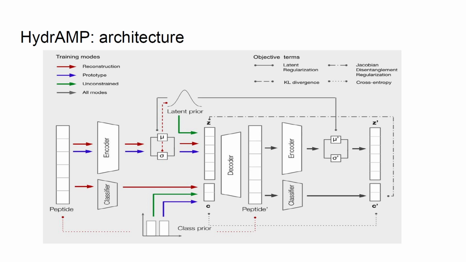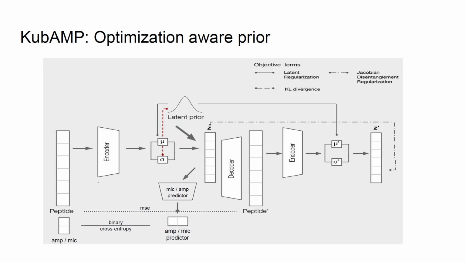So what we have done is we slightly changed it. Now the encoder gives us the entire representation of the peptide, and the AMP and MIC scores come from some operations on this vector, which gives us the opportunity to slightly change the sampling process.